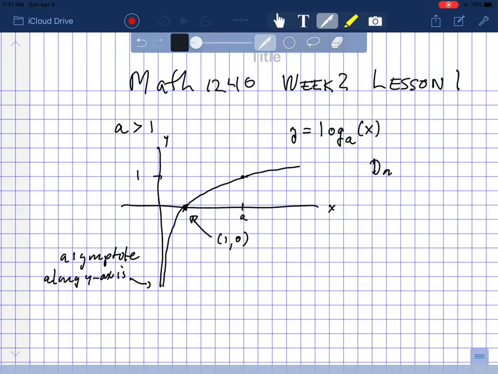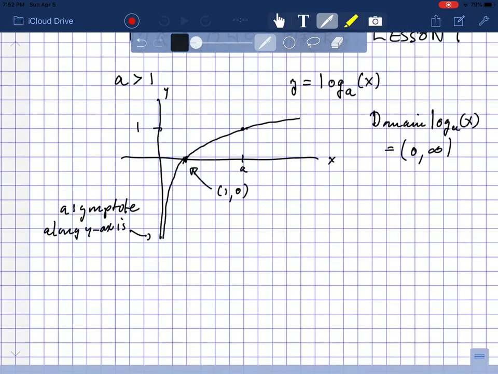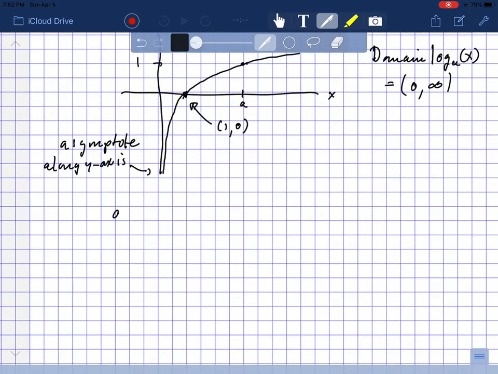And of course, the domain of the log function is the set of positive numbers. So the domain of the log base a of x is equal to the interval 0 to plus infinity.